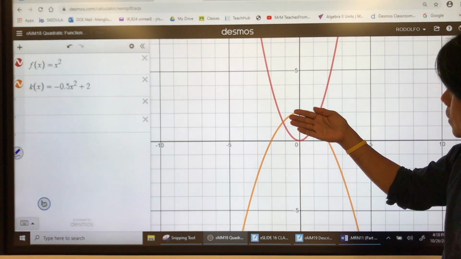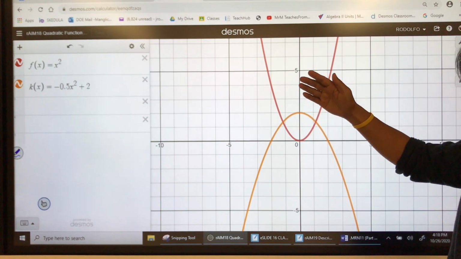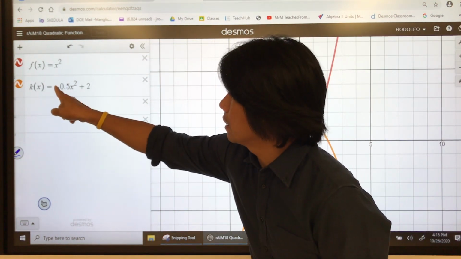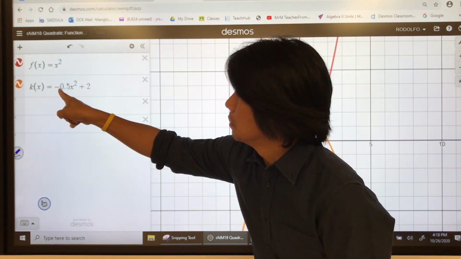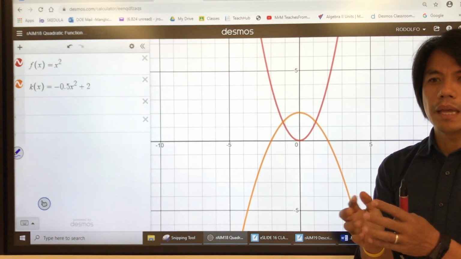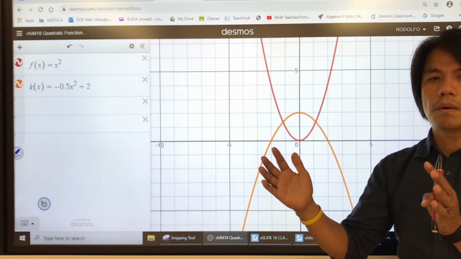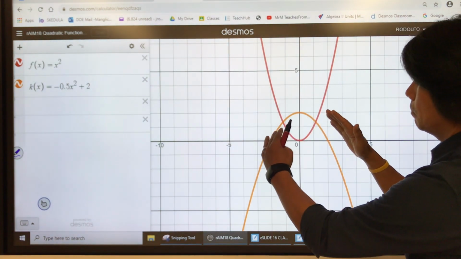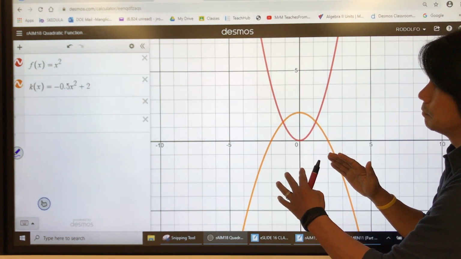So if you notice, it flipped, right? It reflected, okay, because of that negative sign. Now it's 0.5. What do we remember about a that is between 0 and 1? If it is 0.5, then it becomes wider.